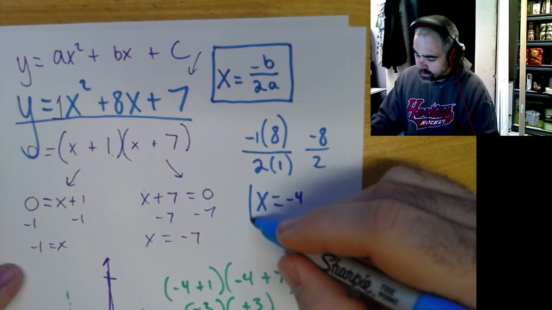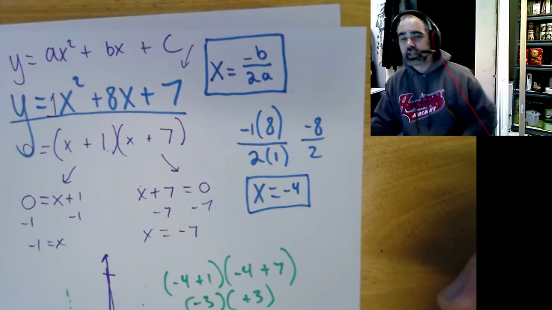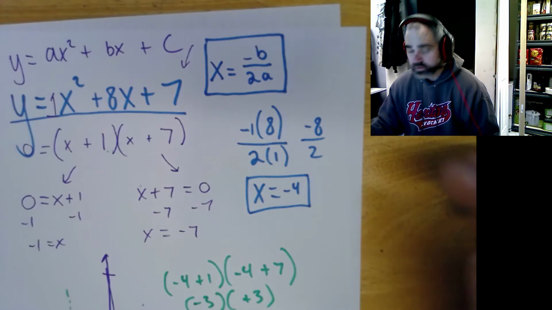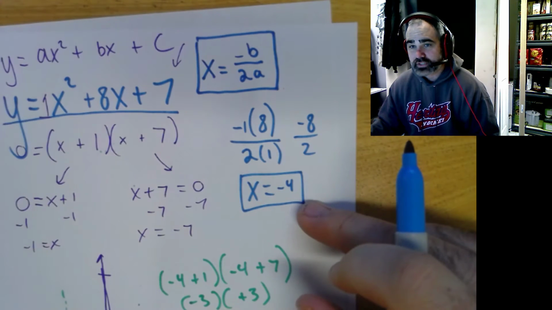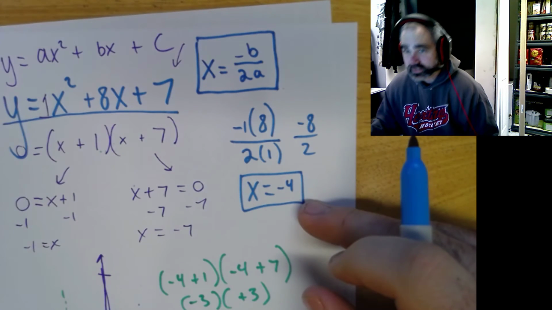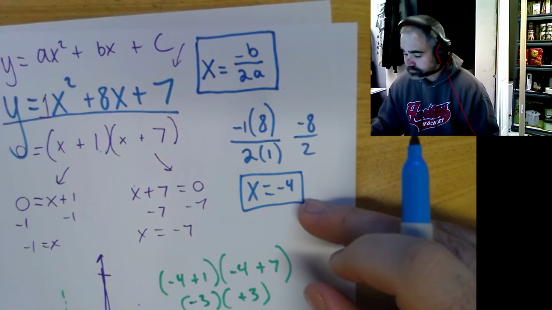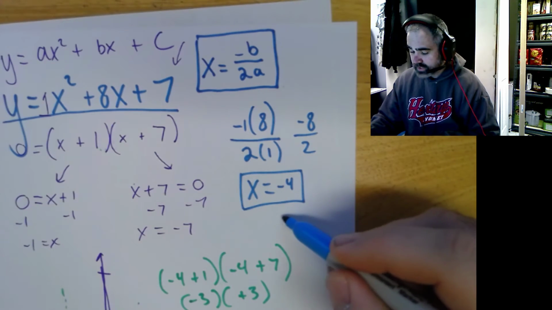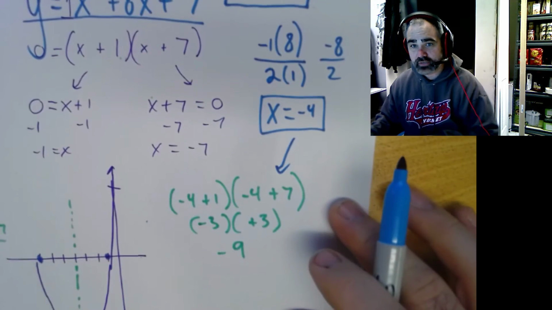And you don't have to cut the factored form in half. In fact, if you use this shortcut, you can find the vertex without even using the x-intercepts, which is pretty cool. So you can jump from this point all the way to here and go directly to the vertex.